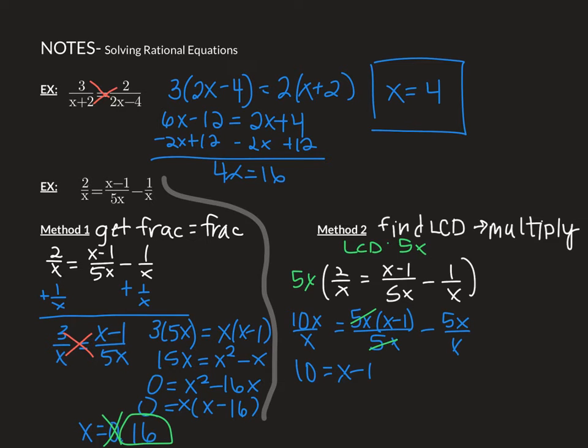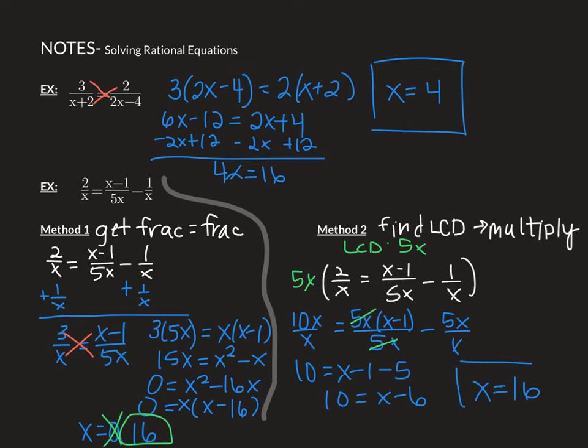And I can take and reduce 5x over x, and I just get minus 5. And so if you look at this, I get 10 equals x minus 6. And when I add my 6 over, I get x equals 16.